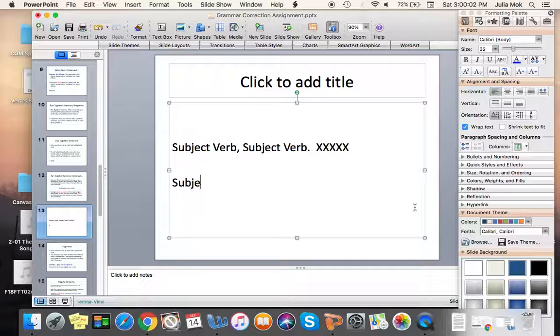The most popular of which is to do subject, verb, period, subject, verb, period. So instead of this being two sentences held together by a comma, it would be two sentences with a period mark in the middle. Another way to fix it is subject, verb, semicolon, subject, verb, period.